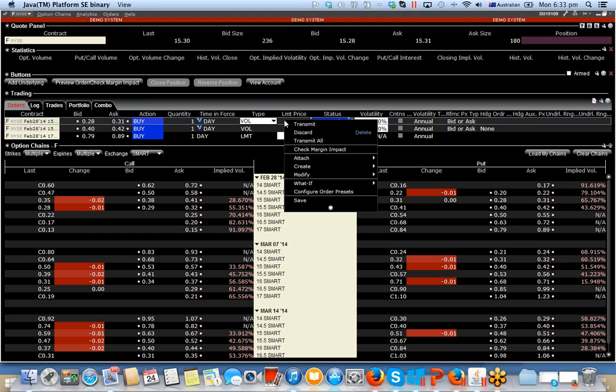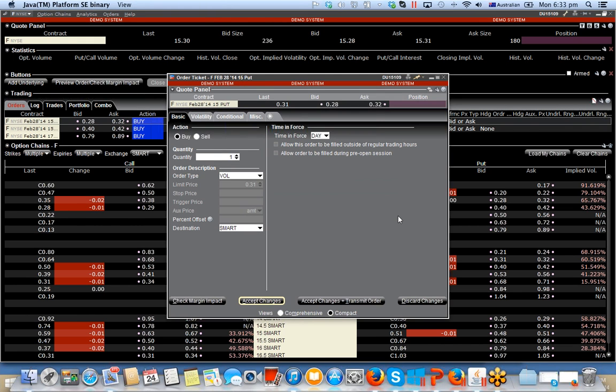right click, and then you go modify, and then you can see, for instance, order ticket. If you click order ticket, you will have an advanced view on the order, and you will see what you can do with this order, how you can modify it further. On the surface, you can see buy and sell, and you can see quantity, you can see volatility.